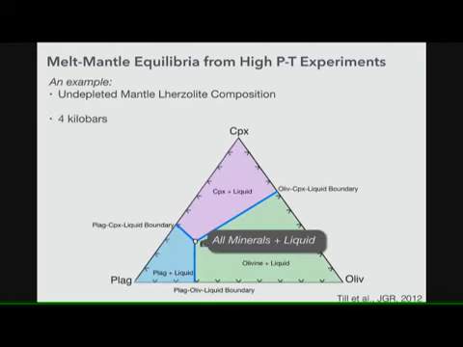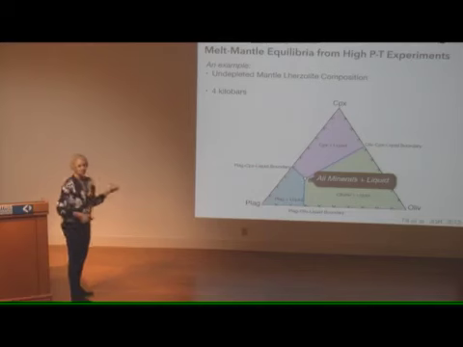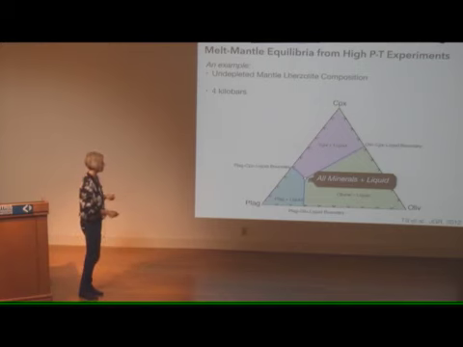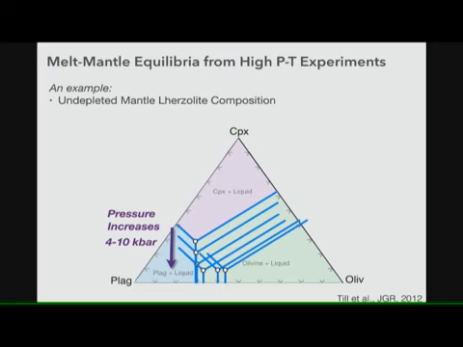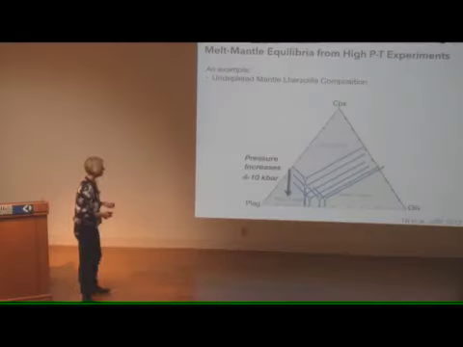Here, the example that I was showing you was the location of the eutectic, or the location of the melt in equilibrium with olivine, plage, and CPX at 4 kilobars. Now we're doing this on an undepleted mantle lherzolite, so a mantle that hasn't had a lot of melting, and it has all of the minerals stable. Olivine, an aluminous phase that could be plage, spinel, or garnet, and it has CPX and OPX stable in it.